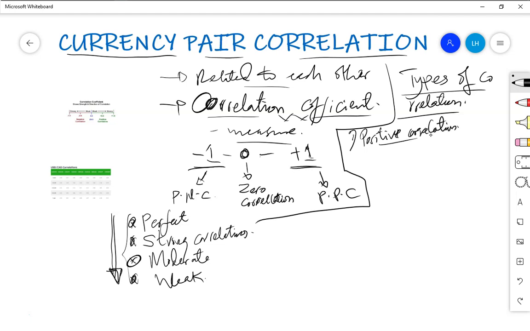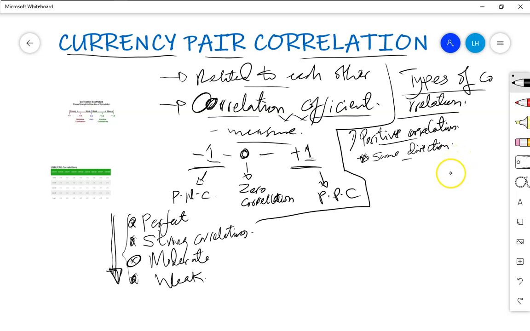Positive correlation is all about the idea that two currency pairs move in the same direction. They relate by moving in the same direction. This is what we call a positive currency pair correlation.